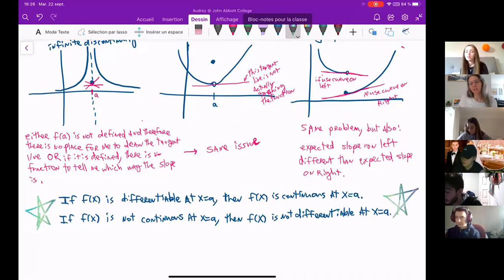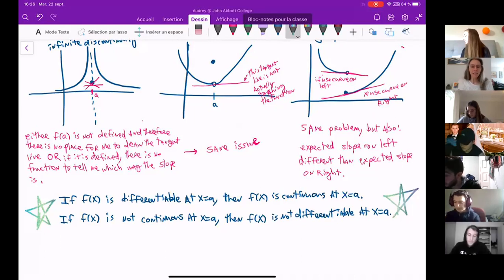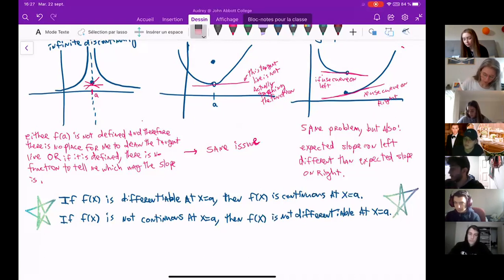So how I've stated this is actually really important. If it's differentiable, then it's continuous. If it's not continuous, okay, I wrote that backwards, my bad.